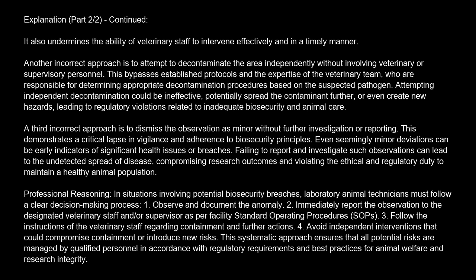Follow the instructions of the veterinary staff regarding containment and further actions. 4. Avoid independent interventions that could compromise containment or introduce new risks. This systematic approach ensures that all potential risks are managed by qualified personnel, in accordance with regulatory requirements and best practices for animal welfare and research integrity.